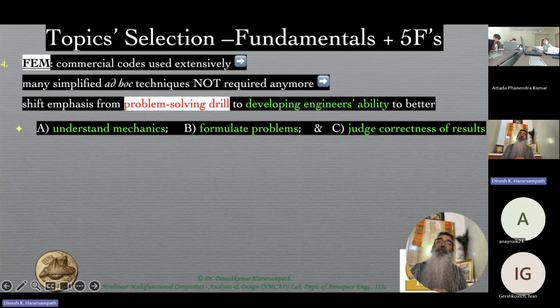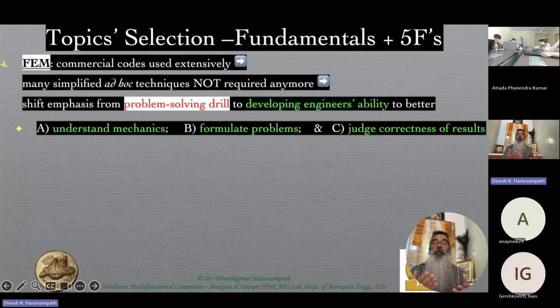But these can be done on an almost routine basis, far more accurately by the finite element method, and far faster, in other words more efficiently, which is what is used in the industry eventually. So there's absolutely no point beating around the bush and trying to do those problems just for our own intellectual satisfaction. There are many more important things to do, which is why we have to develop the engineer's ability to do three other things instead of purely problem solving.